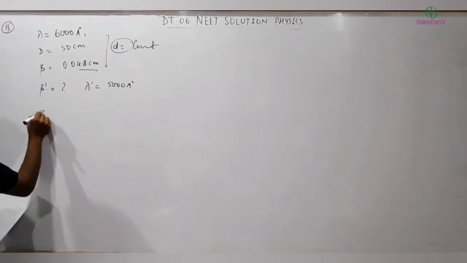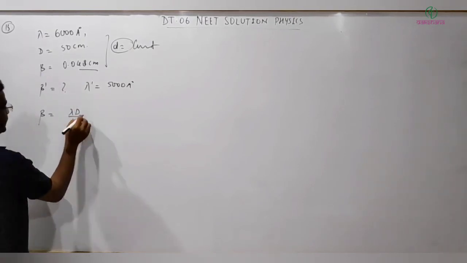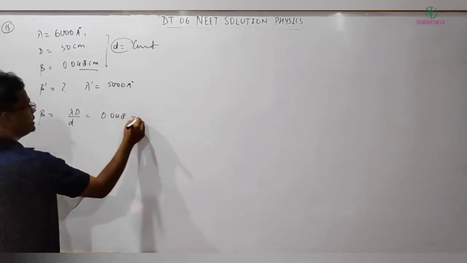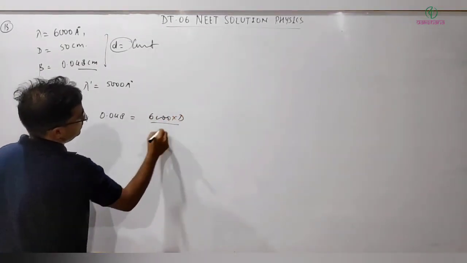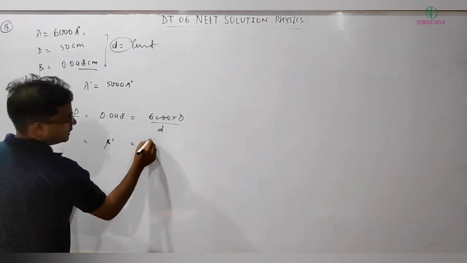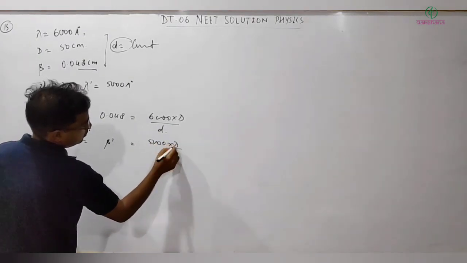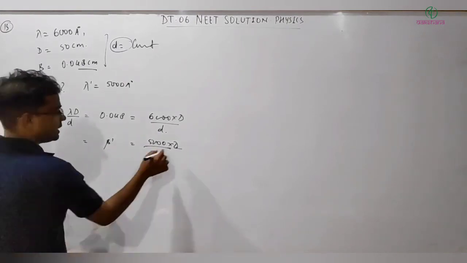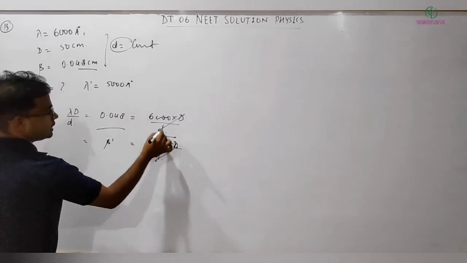So we know beta is equal to what? Lambda capital D by small d, and it's equal to 0.048, and that is equal to lambda 6000 multiplied by capital D by small d. Next, beta prime, when it's 5000, capital D by small d. Because many things are kept constant, simplifying it, this is all gone.